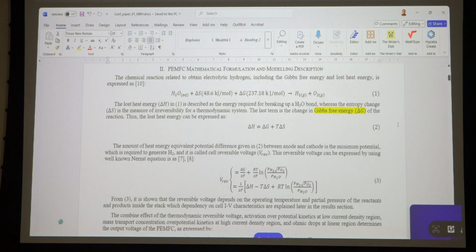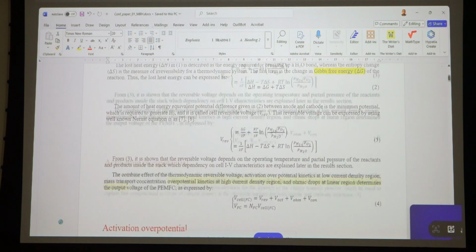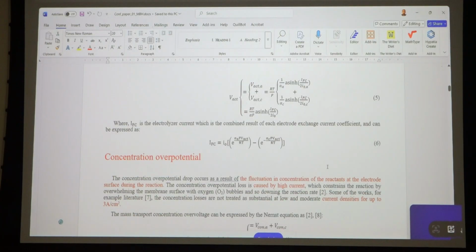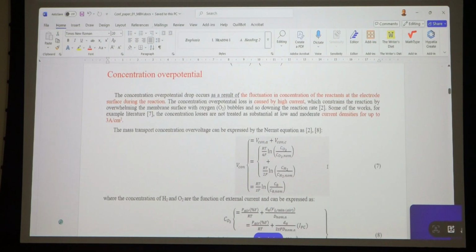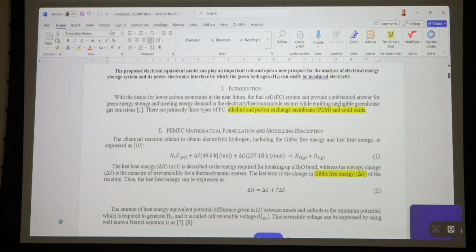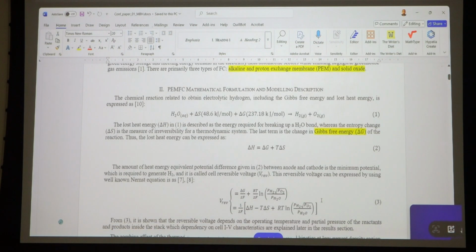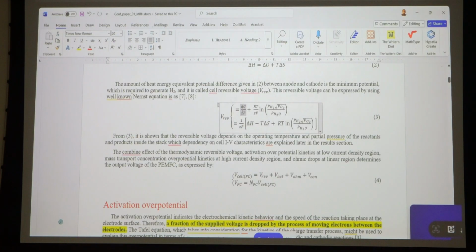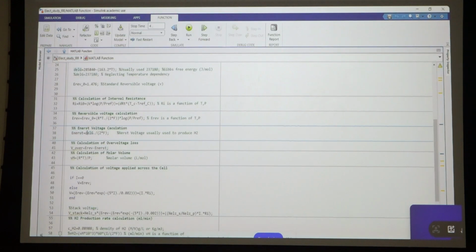But it definitely needs time. You can't do it in one or two days, so it definitely needs time. For example, if we pick any equation, you see this part, delta G over zF. This reversible equation is developed here. Delta G reversible over 2F. z means the number of electrons.